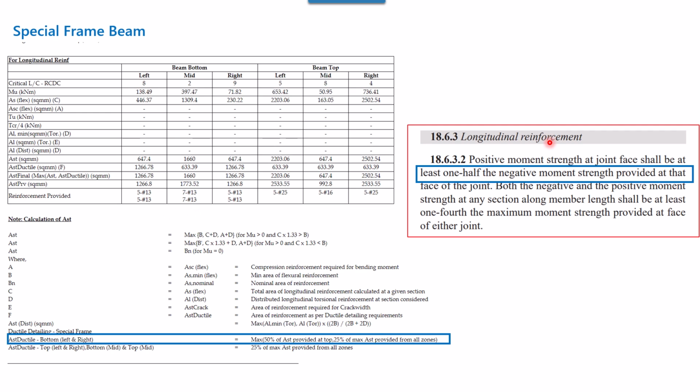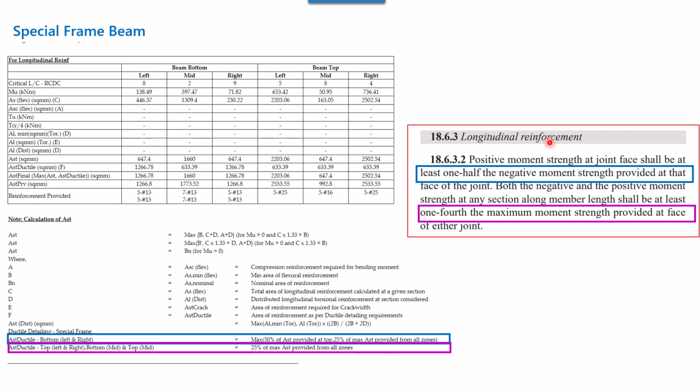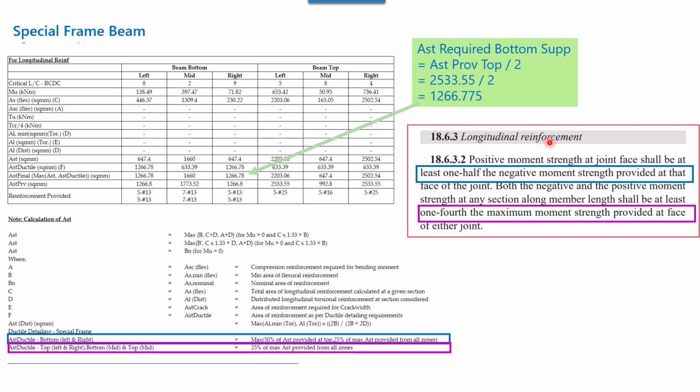Similarly, for the top left and right location and the bottom mid and top mid, the AST should not be less than 1/4. Both these clauses are taken care of while designing a beam of a special moment resisting frame. If we look into an example over here, the AST for the bottom right is half of the AST provided for the top location. That's how the AST is determined for a special frame beam.